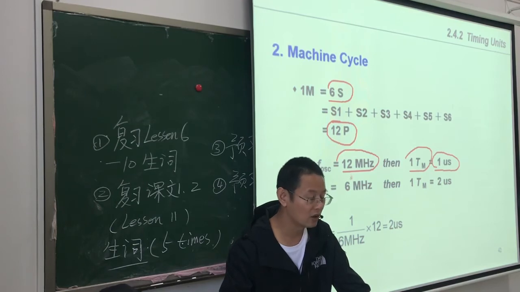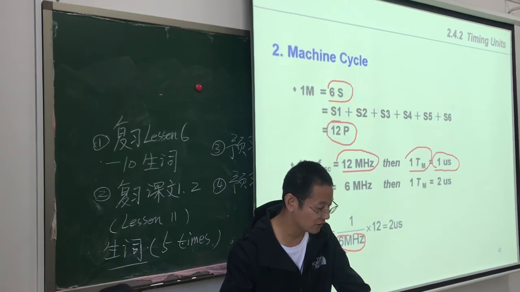The time equals 1 divided by the frequency. So the machine cycle time is 1 divided by the frequency, multiplied by 12.